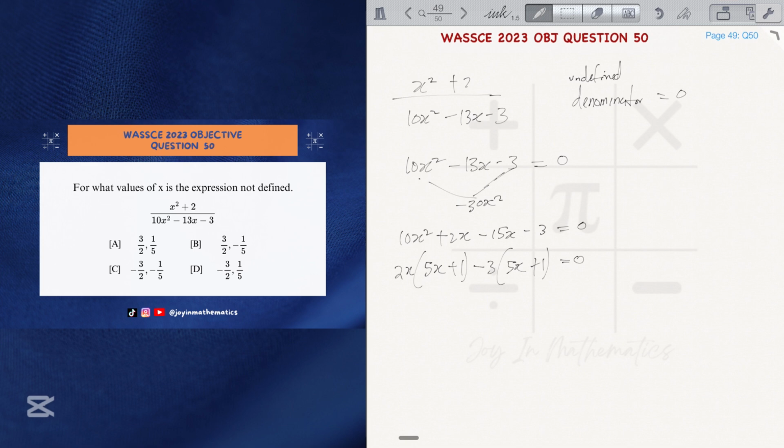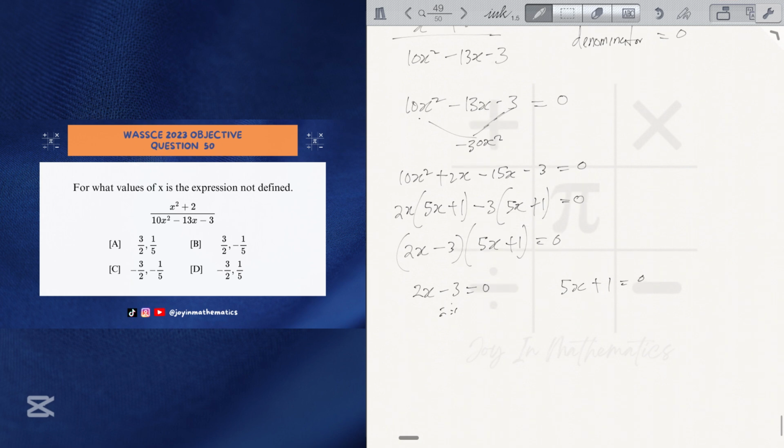So we can bring them together, and this will be 2x minus 3 multiplied by 5x plus 1 equal to 0. So we have 2x minus 3 equal to 0, and likewise 5x plus 1 equal to 0. So here we have 2x equal to 3, and we also have 5x equal to minus 1.